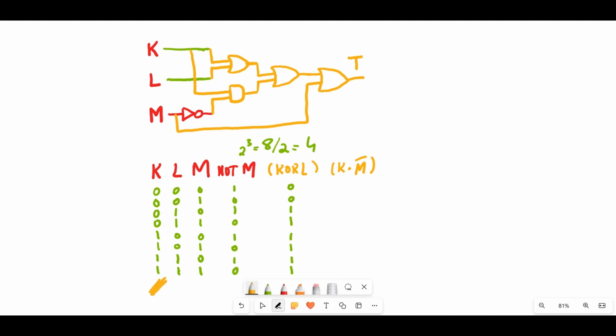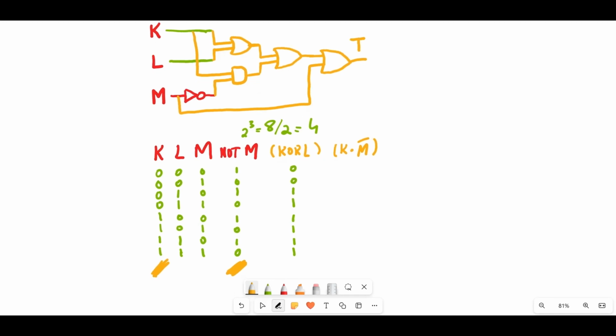So K is this column, not M is this column, and only if both of the inputs are 1 will the output be 1. So we just need to look at where both inputs have 1. For all these four, K is off, so it doesn't matter whether not M is on, the output will always be off.